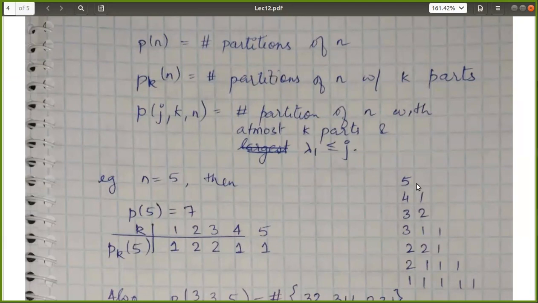So 5 can be written, in the non-increasing way, as 5, or 4 plus 1, or 3 plus 2, or 3 plus 1 plus 1, or 2 plus 2 plus 1, or 2 1 1 1, or 1 1 1 1 1. I have not put a plus here, but these are the possible lambdas, correct? For the integer 5.